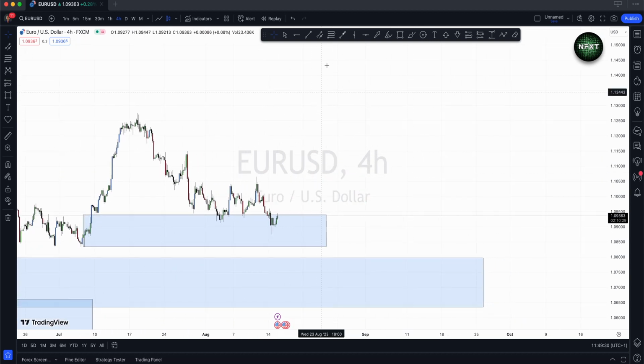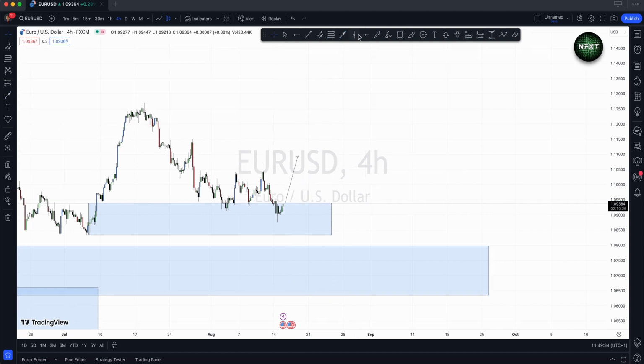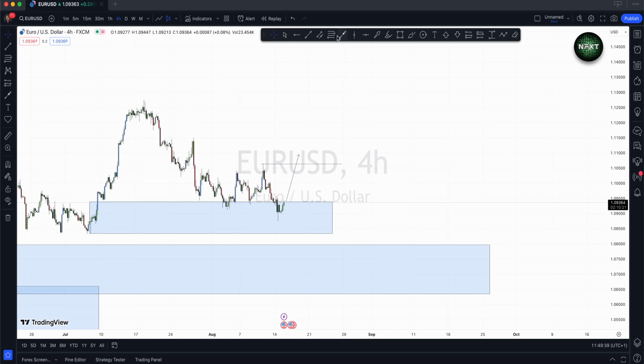But if we want to see an entry out of here, we've got to see that push up, and we're going to see a break of structure. Then again, we can look for that move out, look for that zone we want to come back to, and then basically we're looking for that pullback and a continuation. So very simple once you look at it like that.